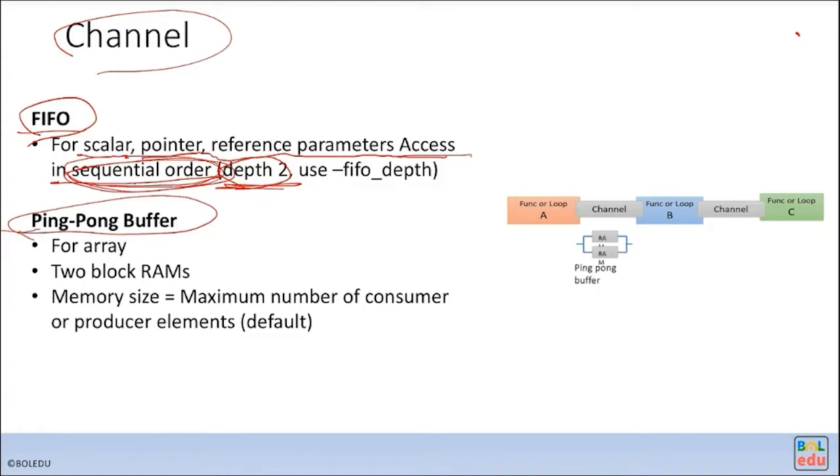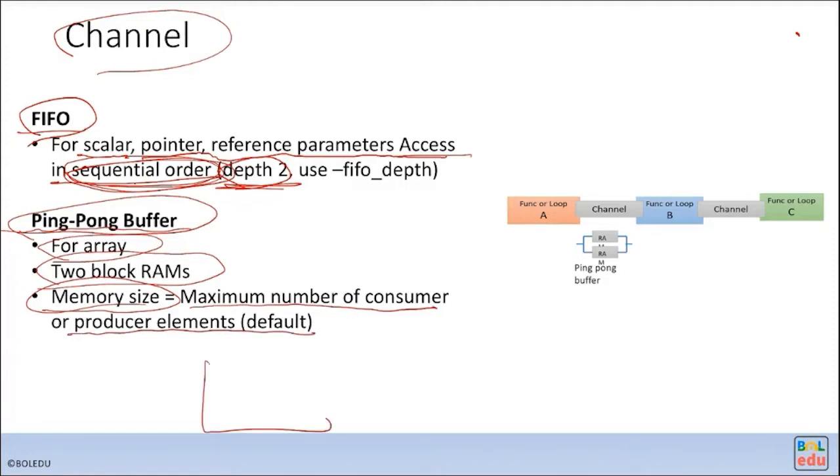Another thing is the channel you can implement with the ping pong buffer for arrays, and you use 2 blocks of the array. It's important that the memory size is created with the maximum number of consumer or producer elements.